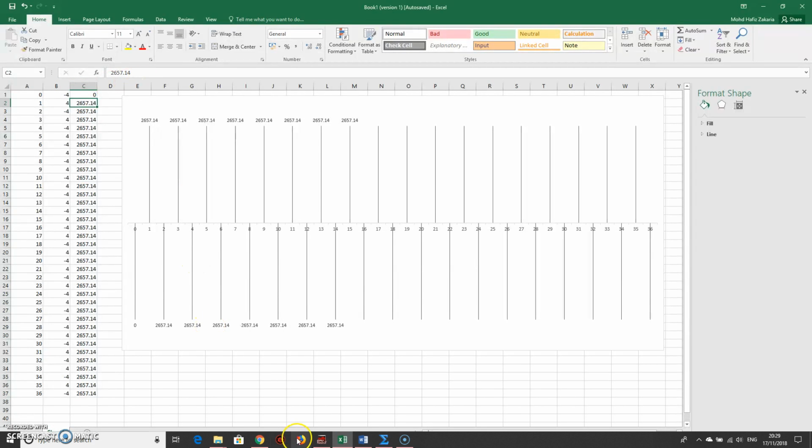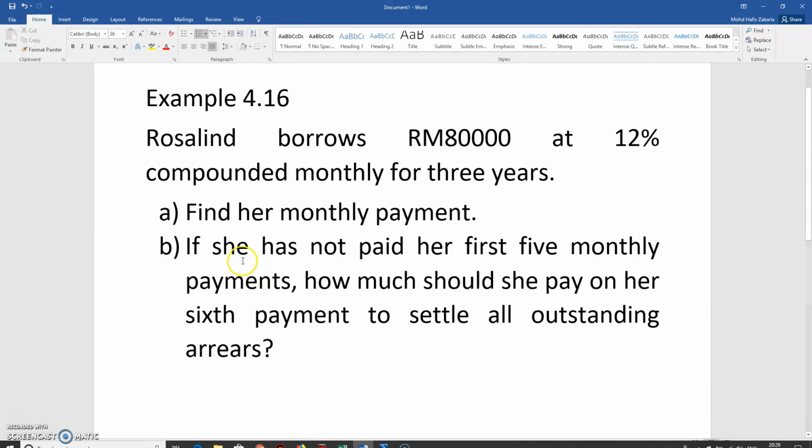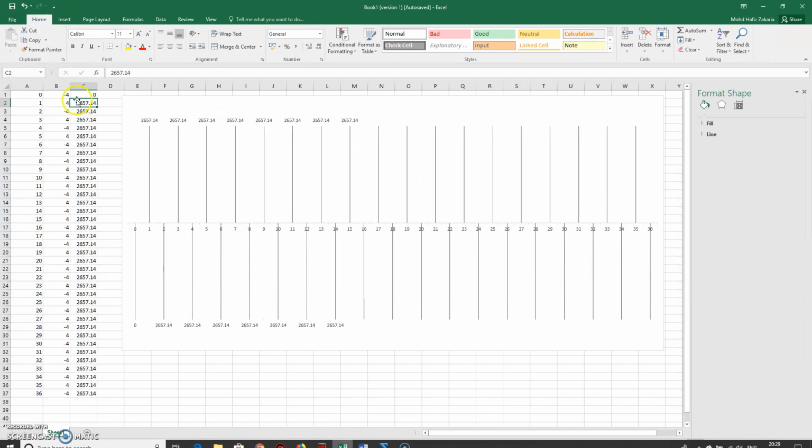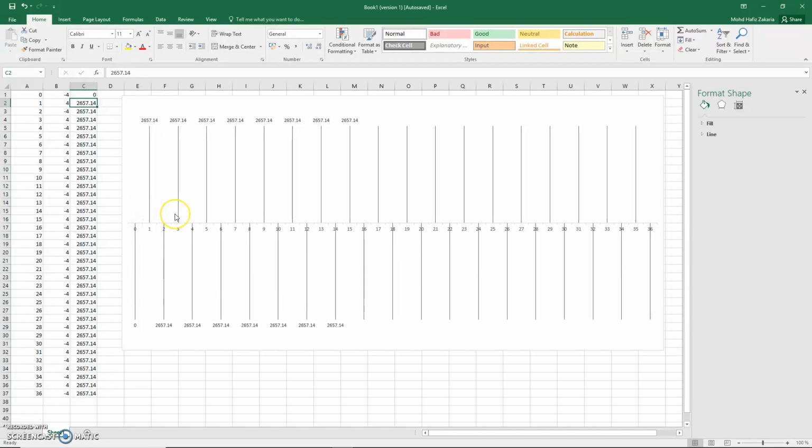What happened, if you look at the question, is that she has not paid her first 5 monthly payments. How much should she pay on the 6th payment to settle all the outstanding? So let's look back at this. She did not pay for the first 5 months, so what is the total amount that needs to be paid, including all of the outstanding value?